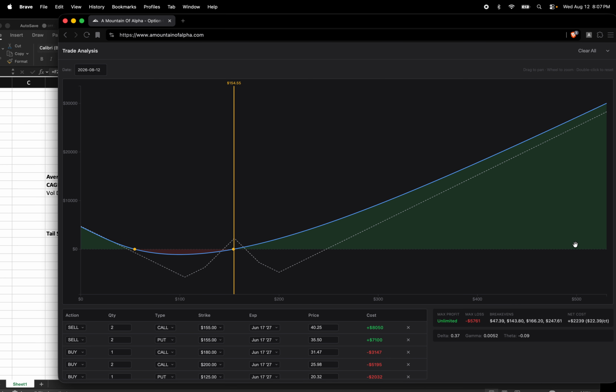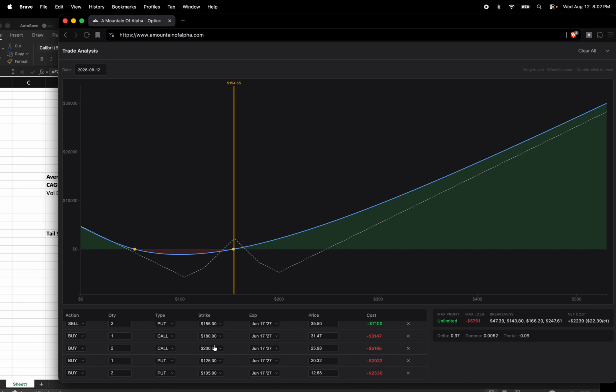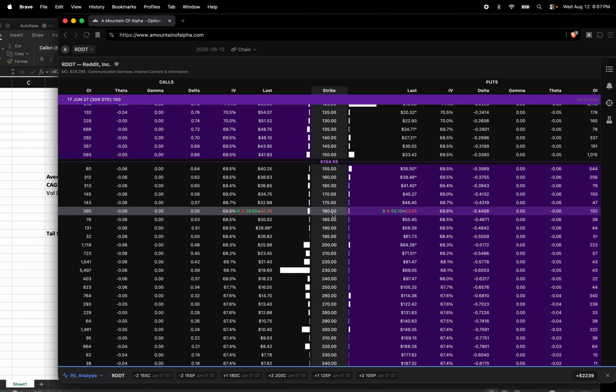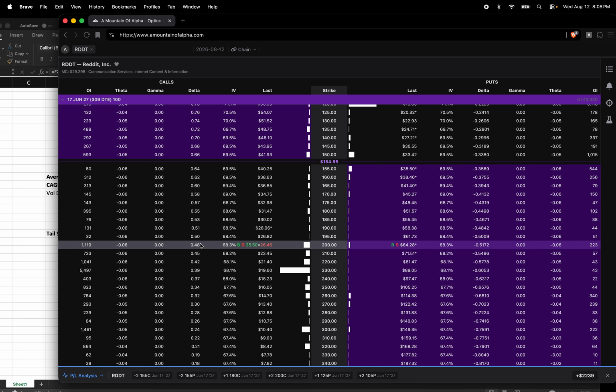Let's just say it went to 500, just so we have some convexity in there. So this one says 27,183. But you could see I'm buying one of the 180s and 2 of the 200s, right? And those deltas were fairly large. That's a 55 delta, 200's a 48 delta. So they're really not wingy, right?